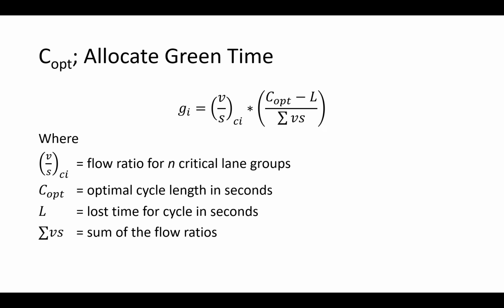This would be our initial settings. And then we can use the adaptive signal pieces, like reducing time because there's no one there, skipping phases because there's no one waiting at all, and so forth. That actually improves it from this point. The adaptive signals can improve from there.